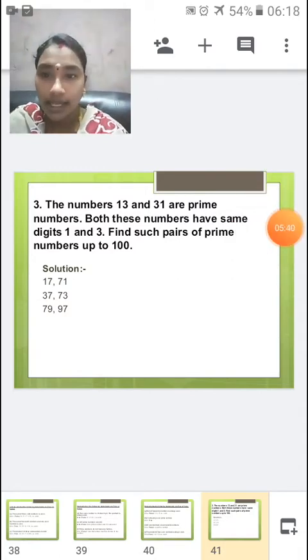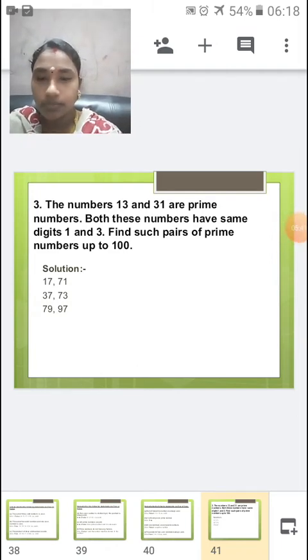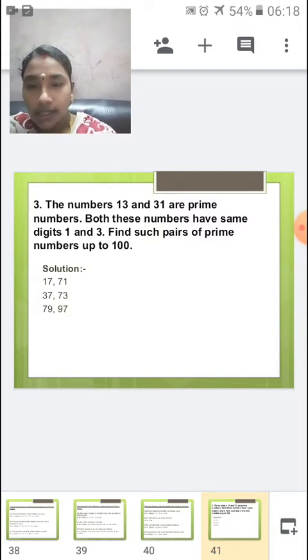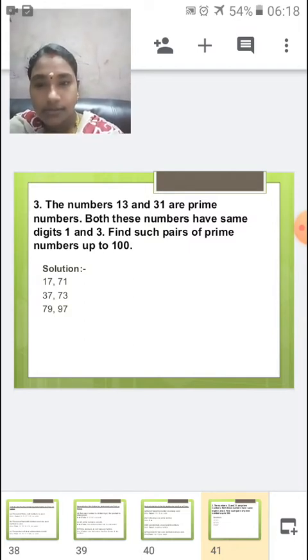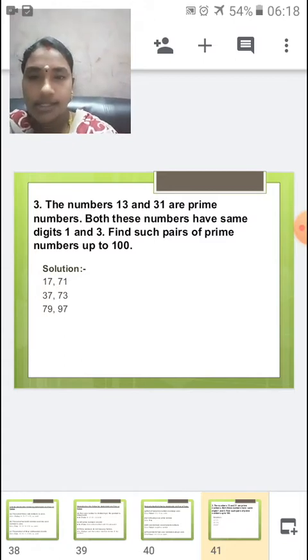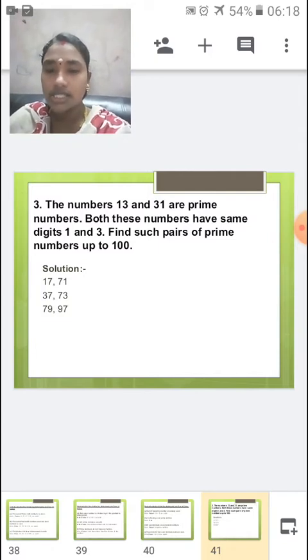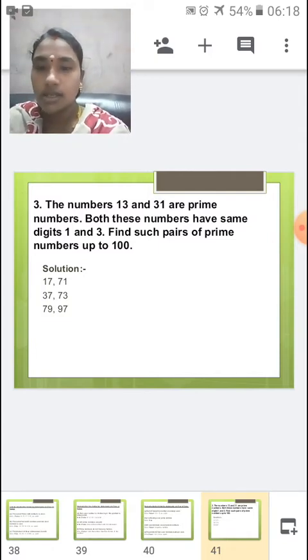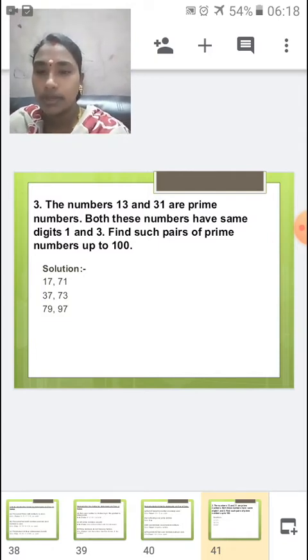So next we have 37. 37 is also a prime number, where 37 has only 1 and 37 as its factors. Okay, so next when you interchange 37, 7 comes first and 3 comes in the second place.